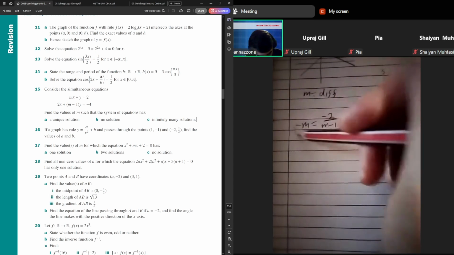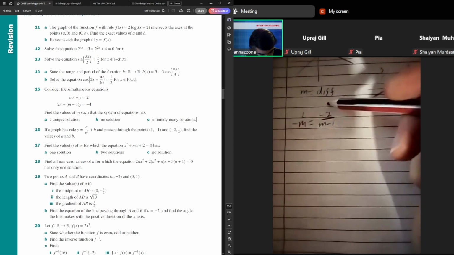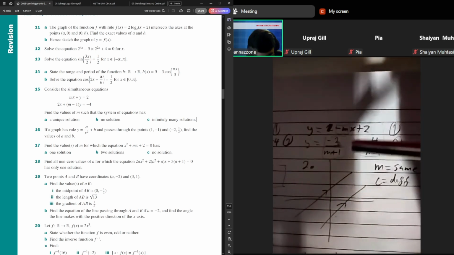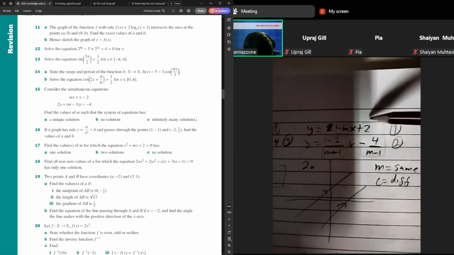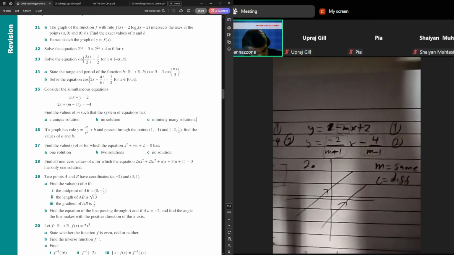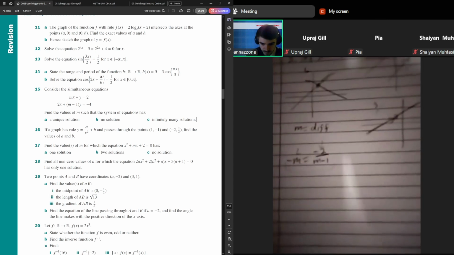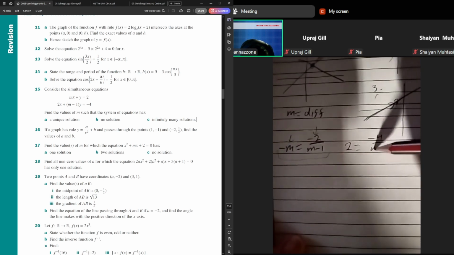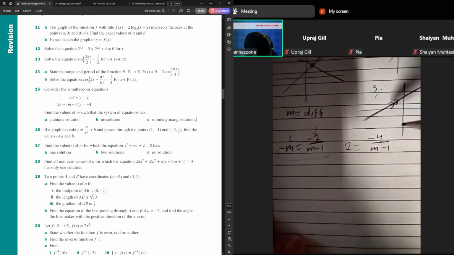So this was gradient of the first, this was gradient of the second. Next will be these two equal to each other: 2 equals minus 4 over m minus 1.